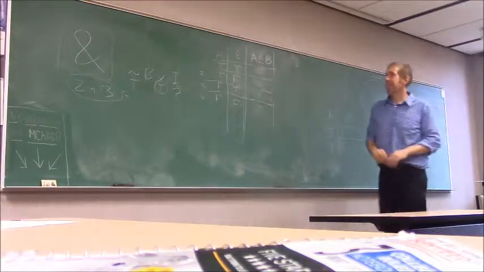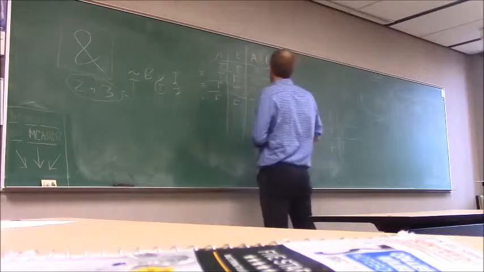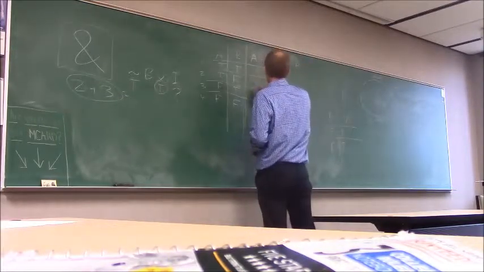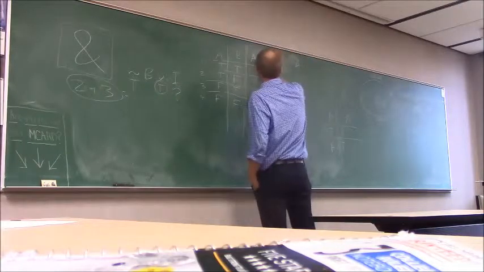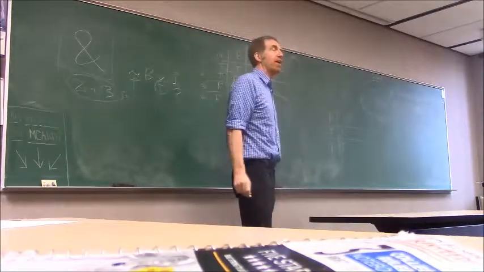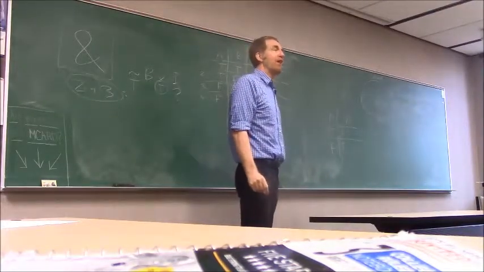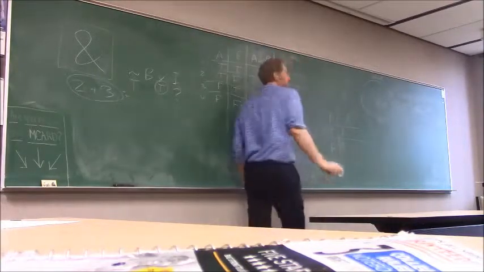One more thing before I let you go. Here is a logical word, a word that has logical implications. The word unless. Let's work out what the truth table is for unless. Now, I did tell you the easy way to think of unless.